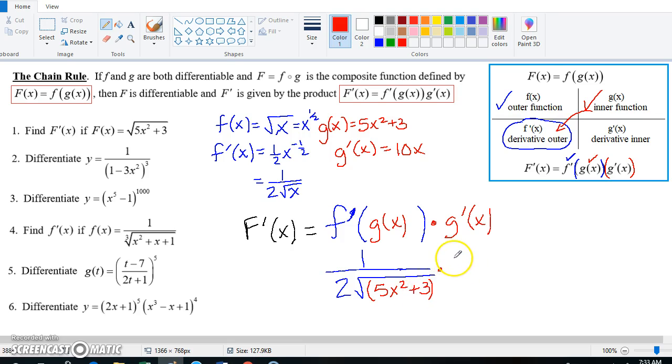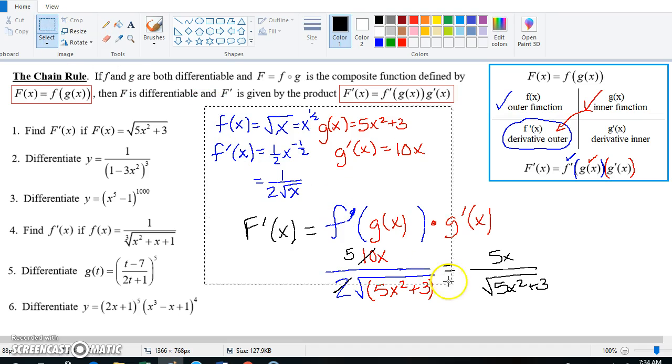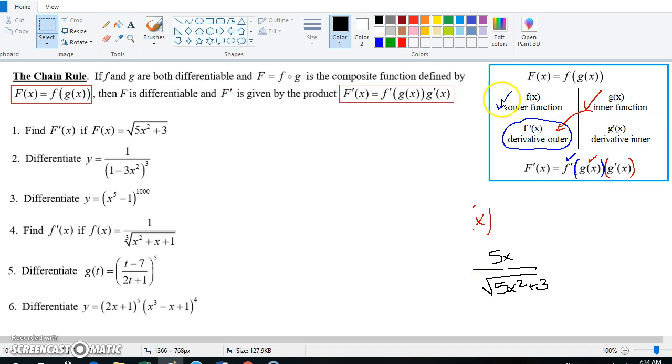Then I multiply by g prime of x, which is 10x. And I would probably just put this in the numerator. And if at all possible, let's reduce by a factor of 2. So our final answer is 5x over the square root of 5x squared plus 3. Okay, question 1 done. Let's take a look at question 2.